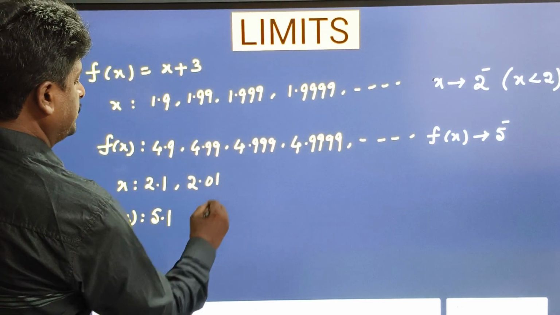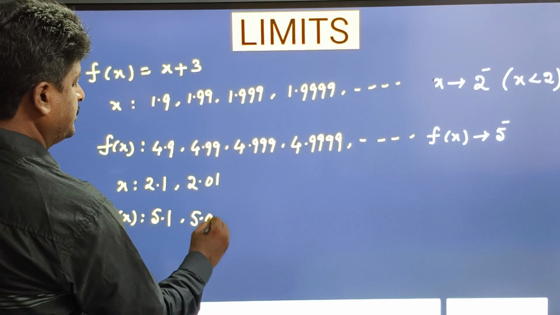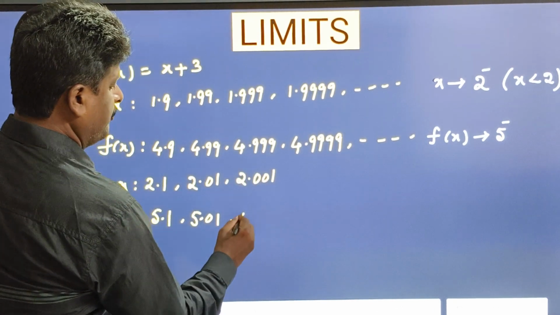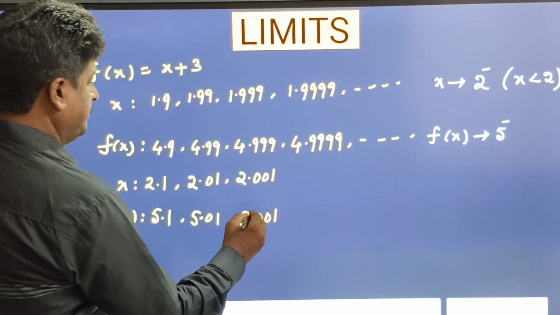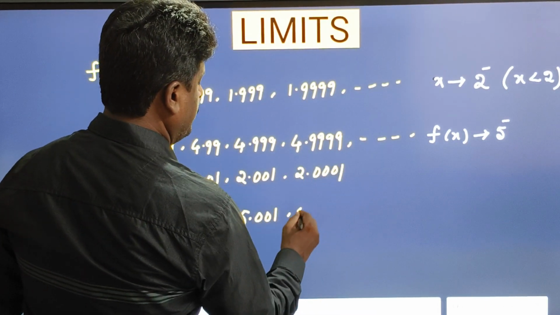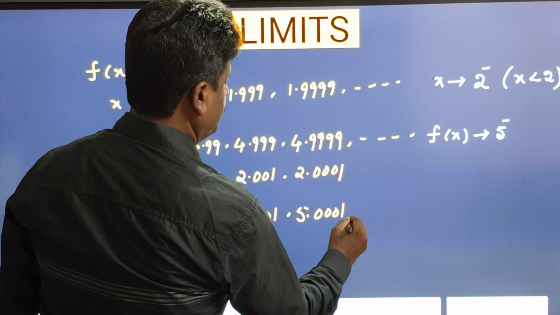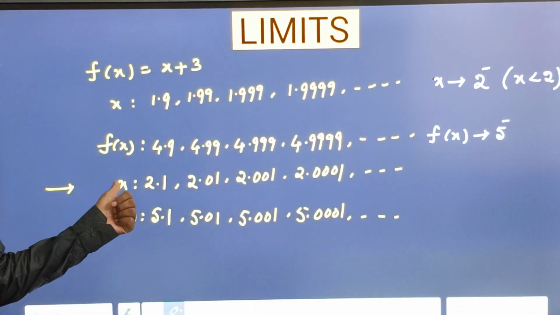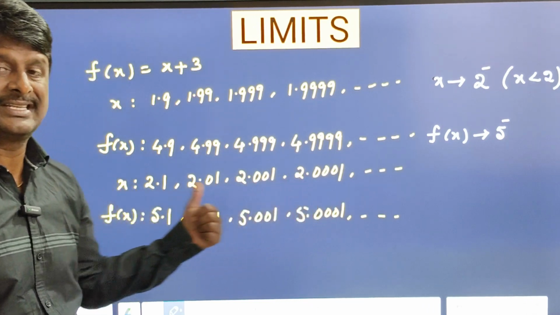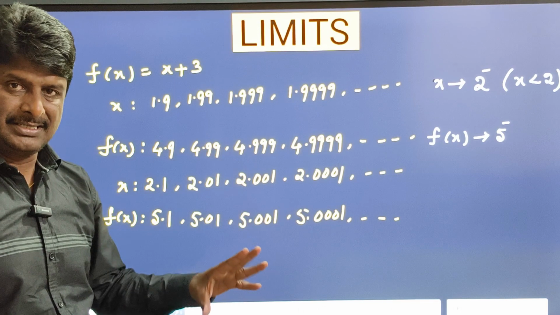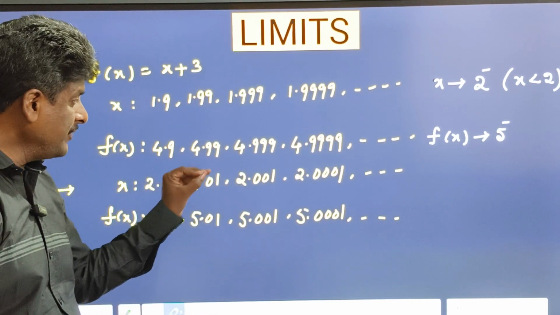This is 2.01, 5.01, 2.001, 5.001, 2.0001, 5.0001, etc.